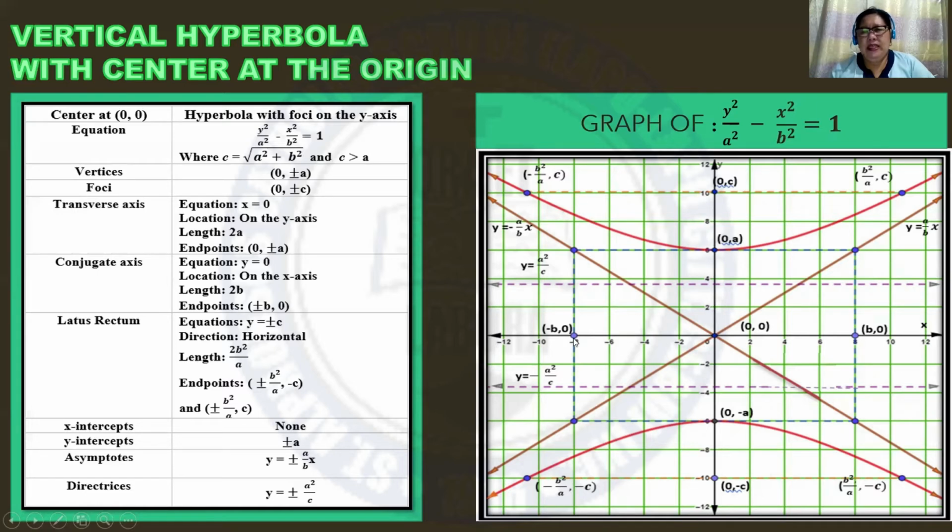The co-vertex is here and here. And this is our conjugate axis. And the latus rectum is from here until here. This is our focus, another focus, and another latus rectum.